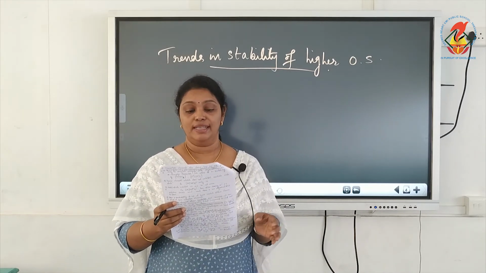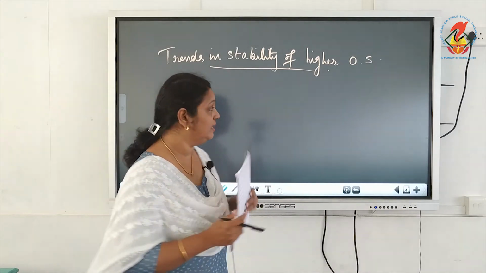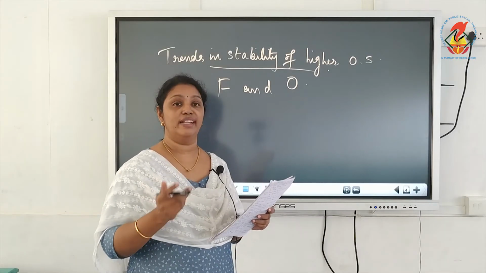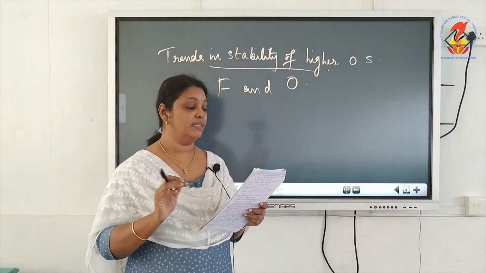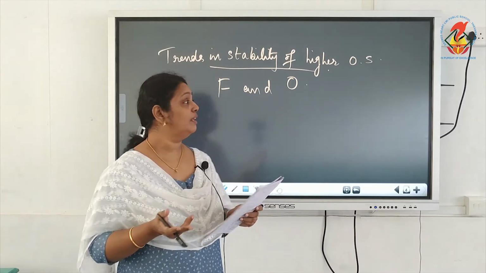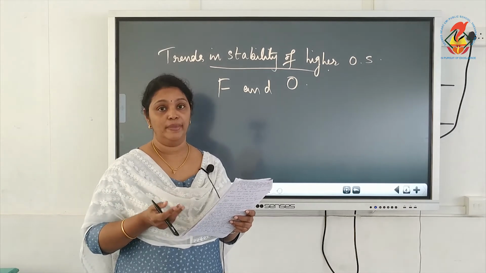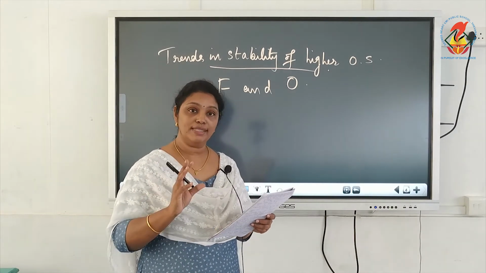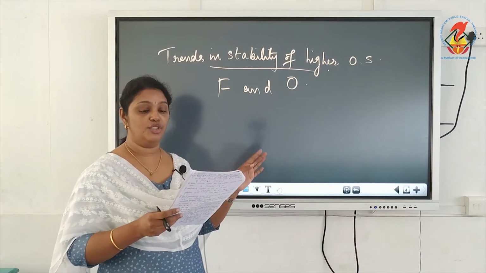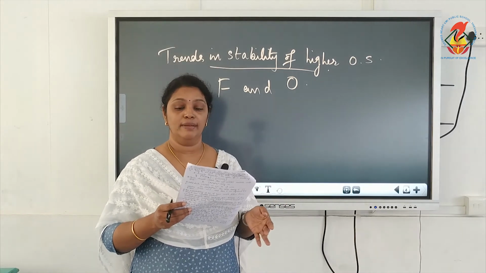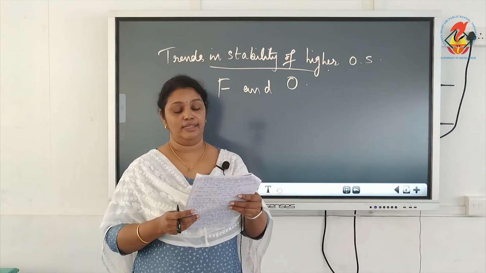Explain. Answer is, the compounds of transition metal with fluorine and oxygen exhibit higher oxidation state. Or this is also a question. The compounds of transition metal with fluorine and oxygen exhibit higher oxidation state. Why? You know that fluorine and oxygen have small size and they are the most electronegative elements in the periodic table. So the answer is, due to smaller size and higher electronegativity of oxygen and fluorine, the compounds of transition metal with fluorine and oxygen exhibit the highest oxidation state.